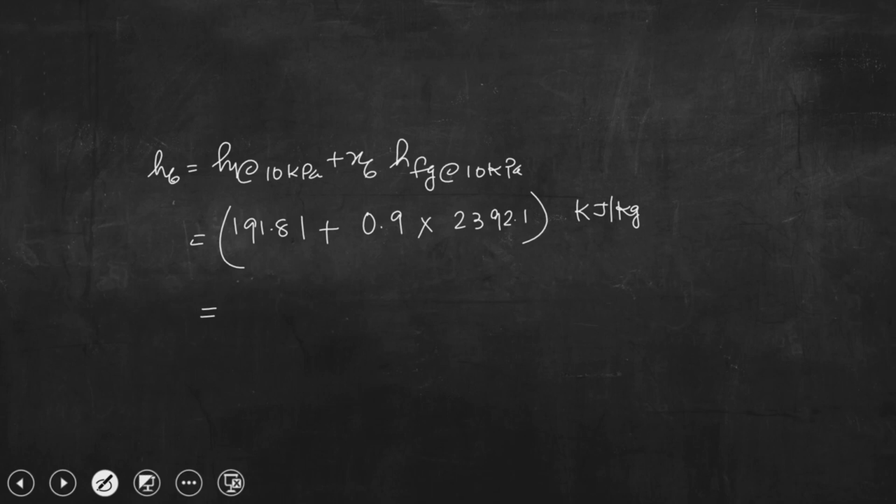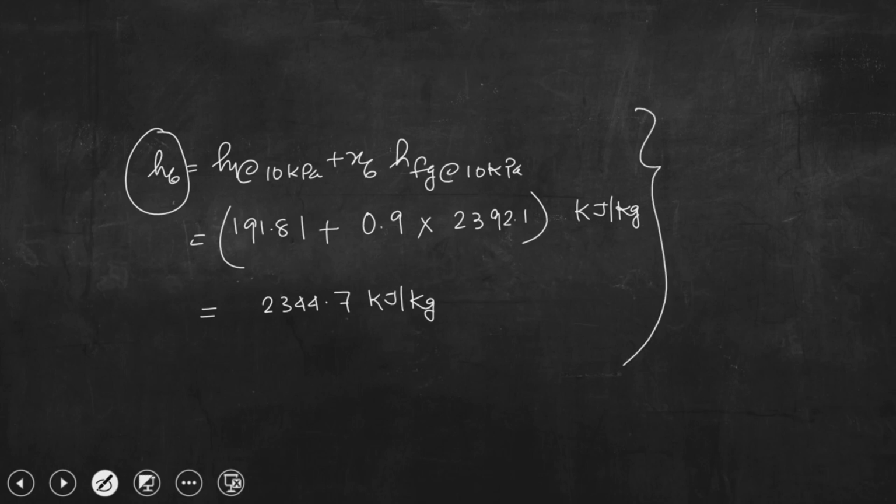So, this is coming as 2344.7 kilojoule per kg. So, finally, we have also calculated H6.